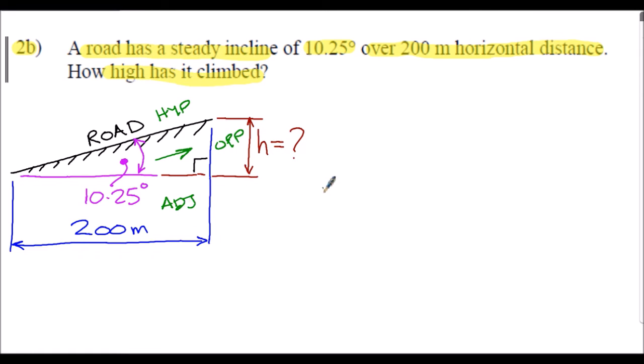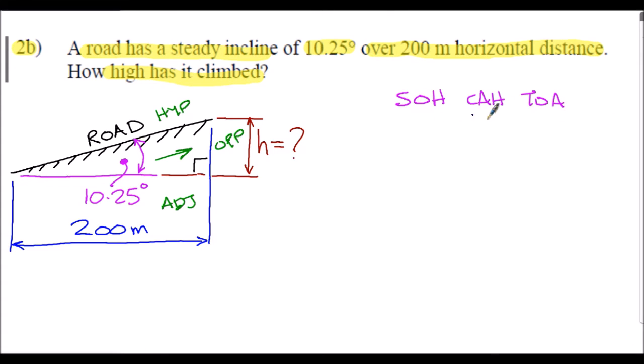Now some of you will instantly see which trig function to use in this case, but as we outlined in the previous presentation, if you're unsure, then you can apply the mnemonic SOHCAHTOA and then from that hopefully decide which function to use. So I just put down my SOHCAHTOA mnemonic for a moment and tick off information I know.